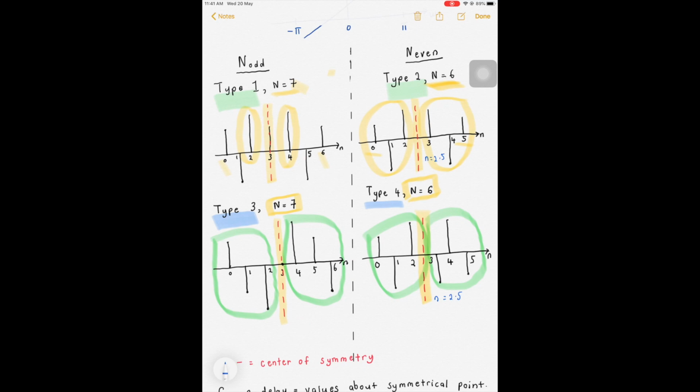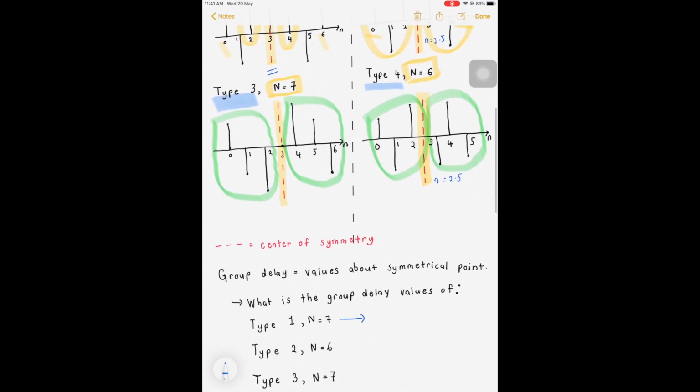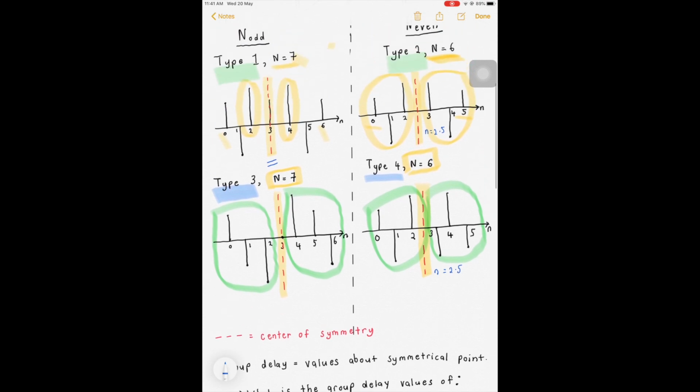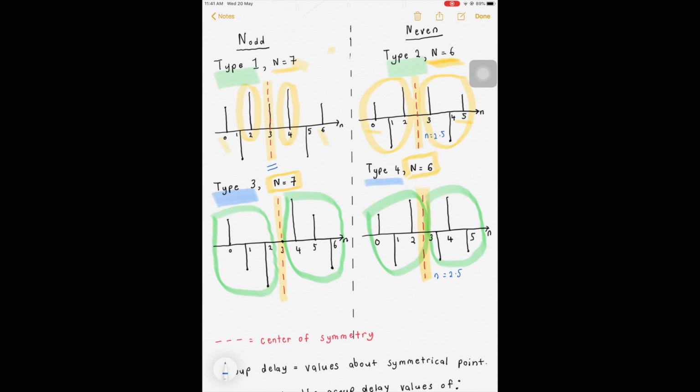You look at this one, the center of symmetry is at n equal to 3. So for type 1 with n equal to 7, the group delay is at n equal to 3.